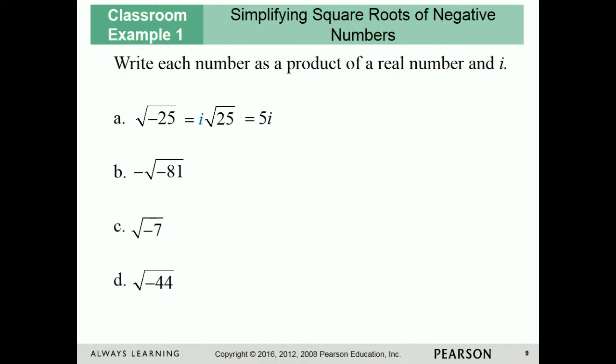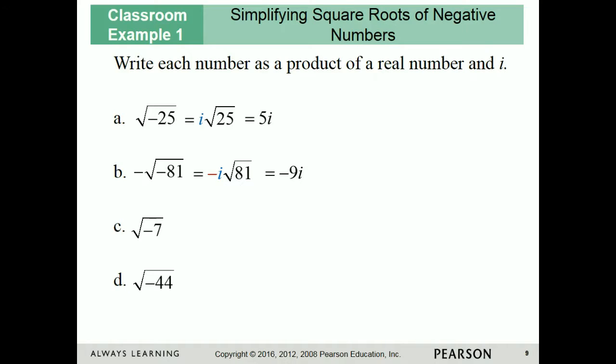In B, we have a negative outside the radicand, but we handle that in a similar way. First we take out the i and represent it outside of the radicand, and now we take the square root of 81, which is 9, so that is represented as 9i.